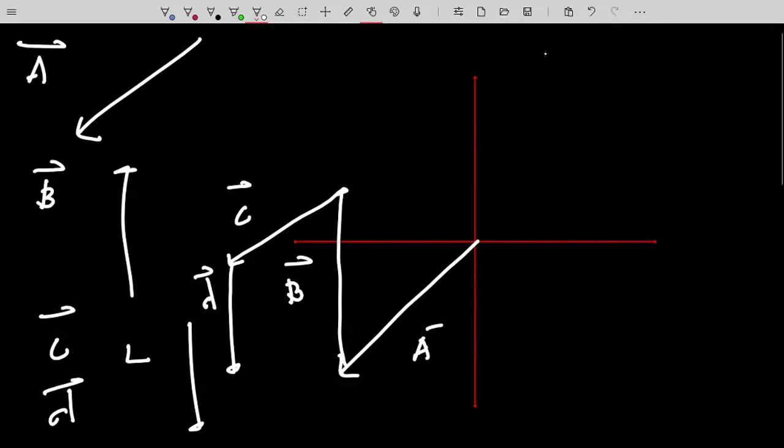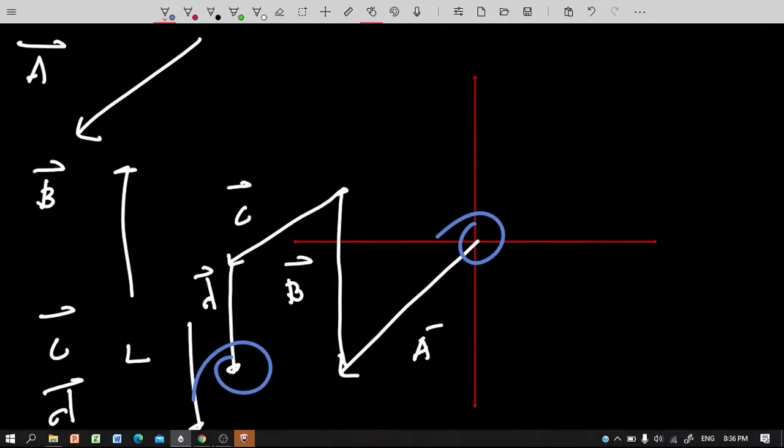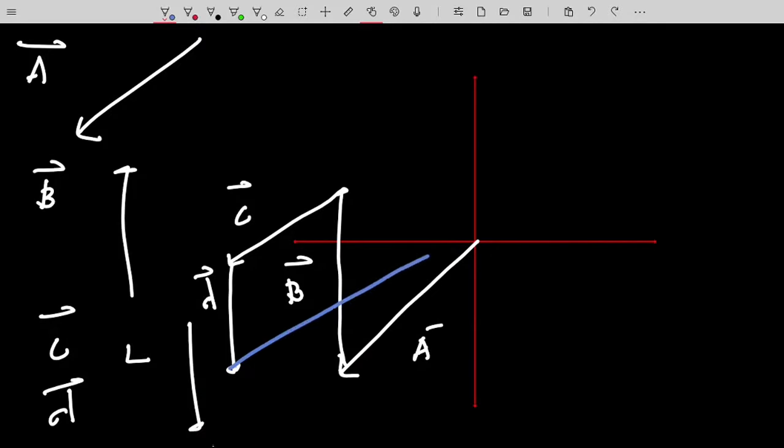Again, for our resultant vector, we're just going to draw a straight line starting from your central axis to the head of the last vector. So this should be our resultant vector, and we know that the resultant vector is equal to B minus A plus C plus D. Why?